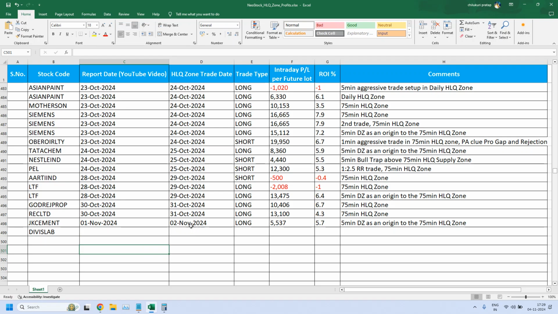It is a successful trade and it is a short trade. 8090 is the profit.